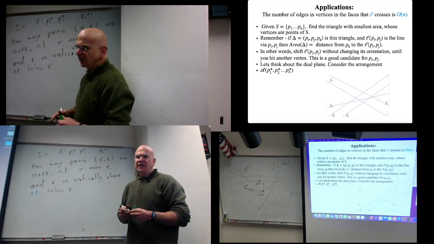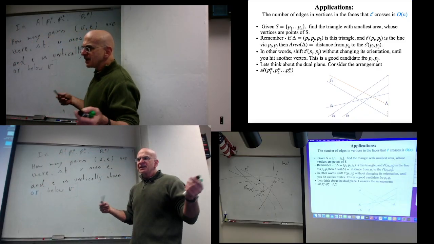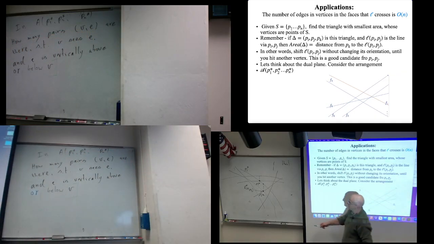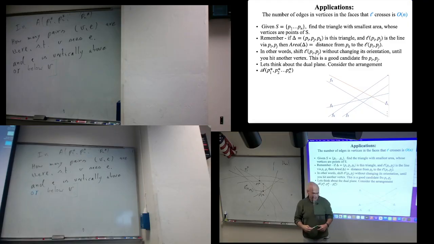It's just a way to check even a subset and see only the pairs of vertex edge that you care for.